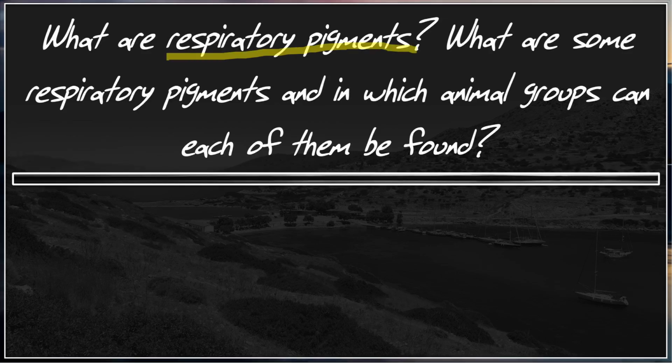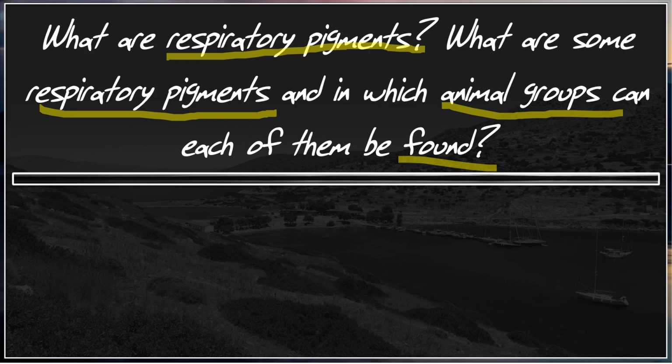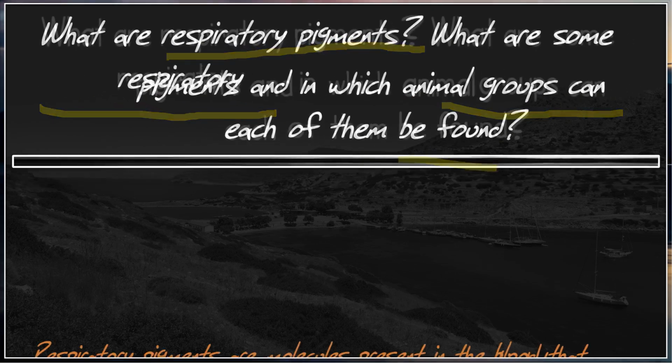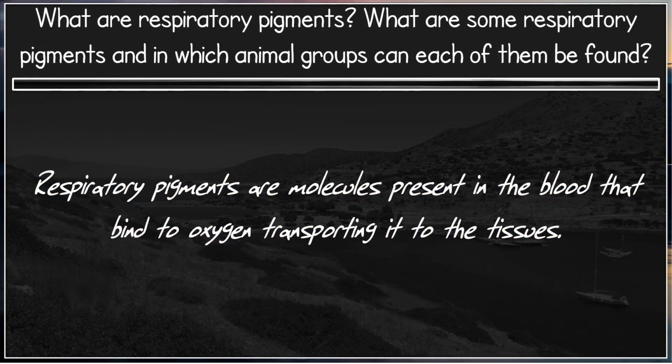What are respiratory pigments? What are some of the respiratory pigments and in which animal groups can each of them be found? Respiratory pigments are molecules present in the blood that bind to oxygen, transporting it to the tissue.